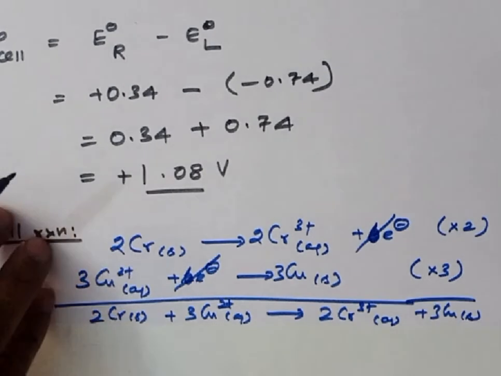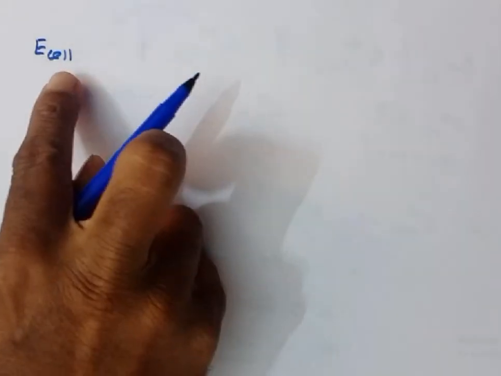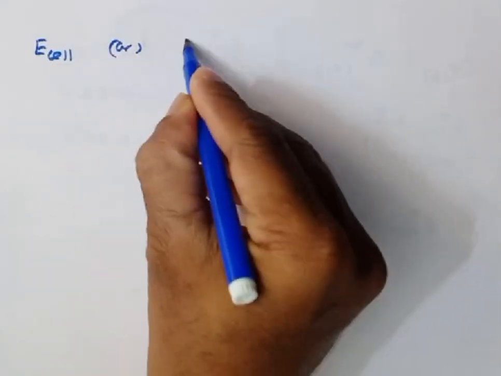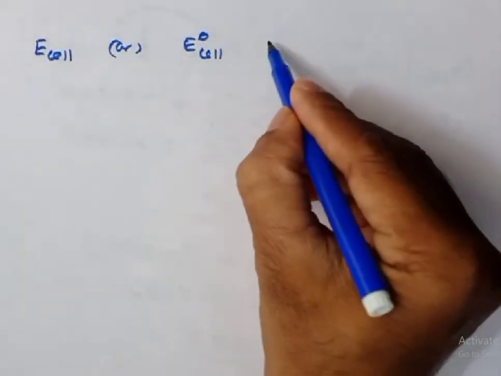Right, then the next important point we have to discuss is that, I have told you we can measure the cell potential, or we can measure the standard cell potential, directly from experiment.